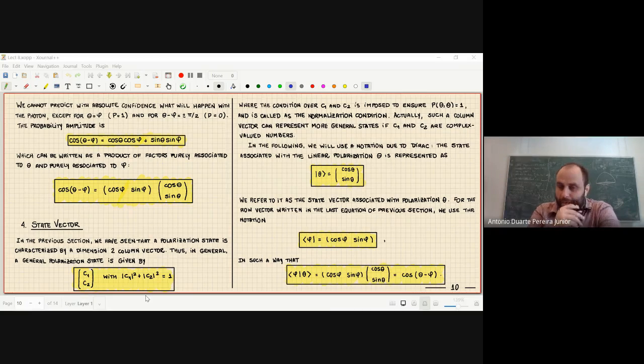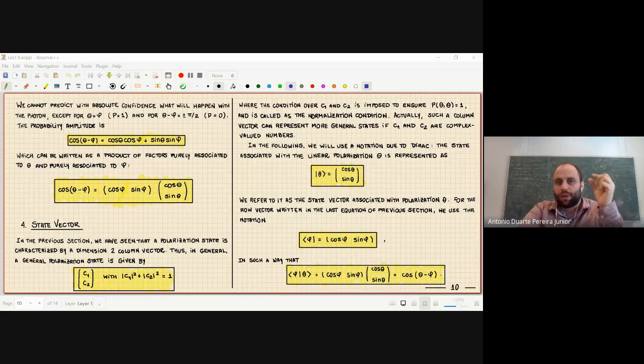Let me check the chat. What about vectors with more than two entries? Well, when you describe a general system in quantum mechanics, this vector will have more than two entries. In fact, it can have infinitely many entries.